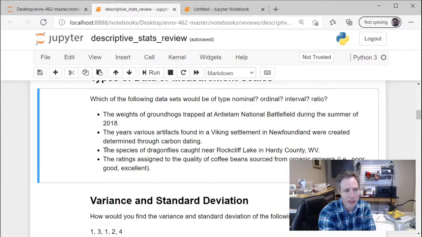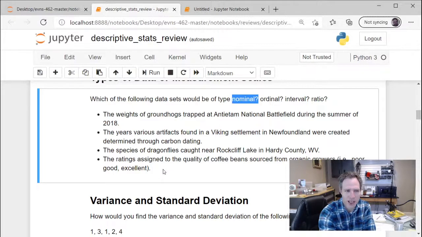All right, next. The species of dragonflies caught near Rockcliffe Lake in Hardy County, West Virginia. So species are nominal data types. Okay. The ratings assigned to the quality of coffee beans sourced from organic growers, i.e. poor, good, and excellent. Now, you might think, well, this is the same. This is nominal data.